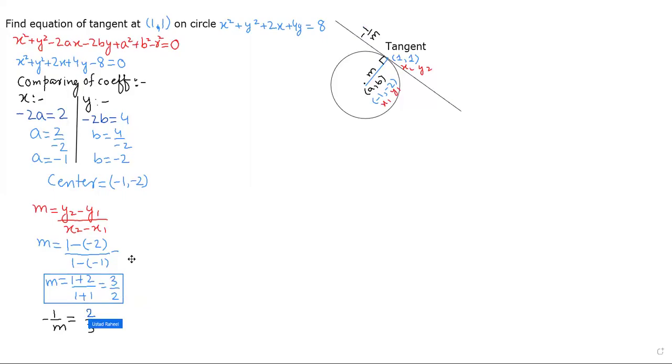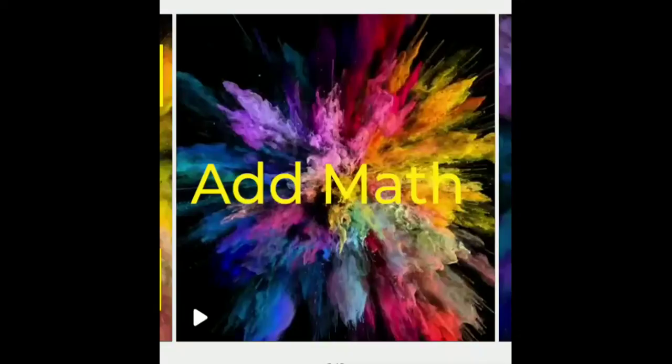Minus sign means whatever the sign is over here, it will change. So over here the sign is positive, so this will become negative. So for minus 1 over m, this is the value I'm getting. That is the negative reciprocal of the gradient, and it comes out as minus 2 over 3.